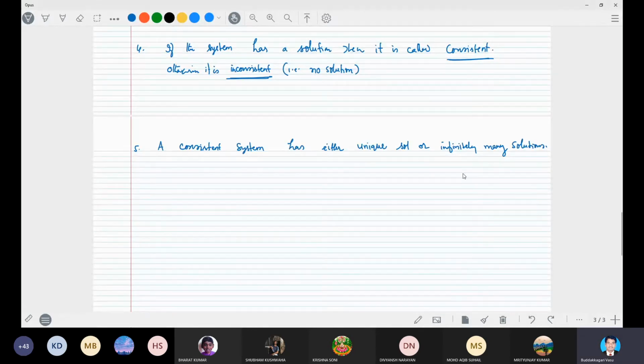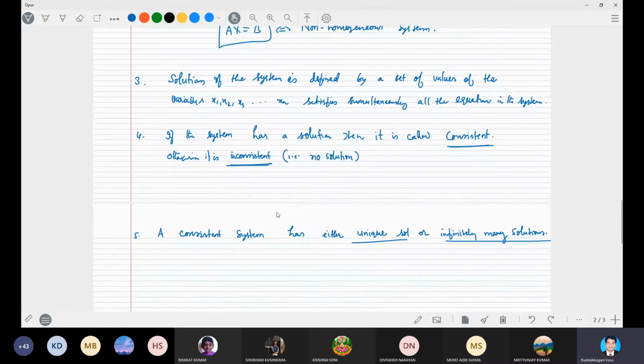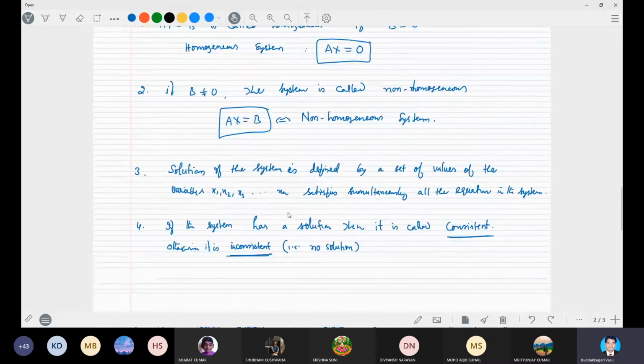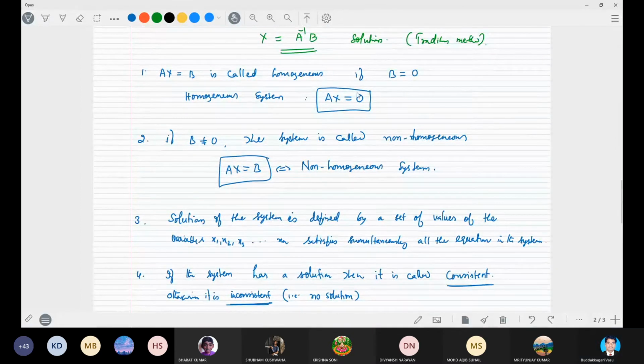Because if a system has a solution, then it is said to be consistent. Therefore that consistent system has either a unique solution or infinitely many solutions. Obviously, the homogeneous system Ax = 0 has a solution, right?